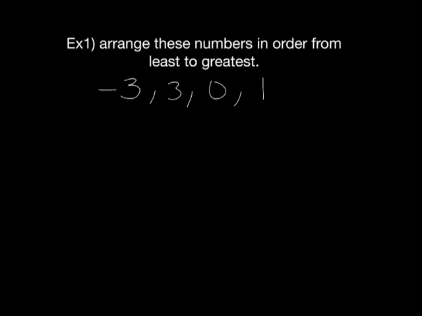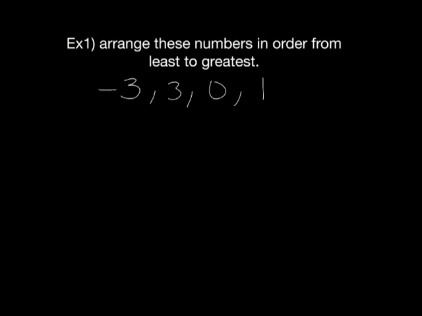Let's do a few examples as a good reminder of what we've learned in this lesson. Example 1. Arrange these numbers in order from least to greatest. When we are looking at the original number line, we saw that after 0, it kept going -1, -2, -3, and then keeps going. From 0 going to the left, the bigger the negative number is, the smaller the number actually is.